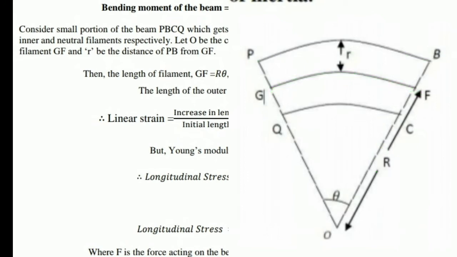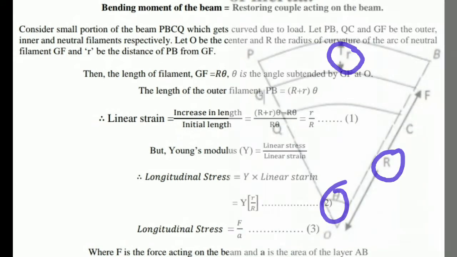So the length of the neutral filament GF is equal to R theta, where theta is the angle subtended by GF at O. Now we can find the length of the outer filament with the help of GF. So PB is equal to (R plus r) into theta.